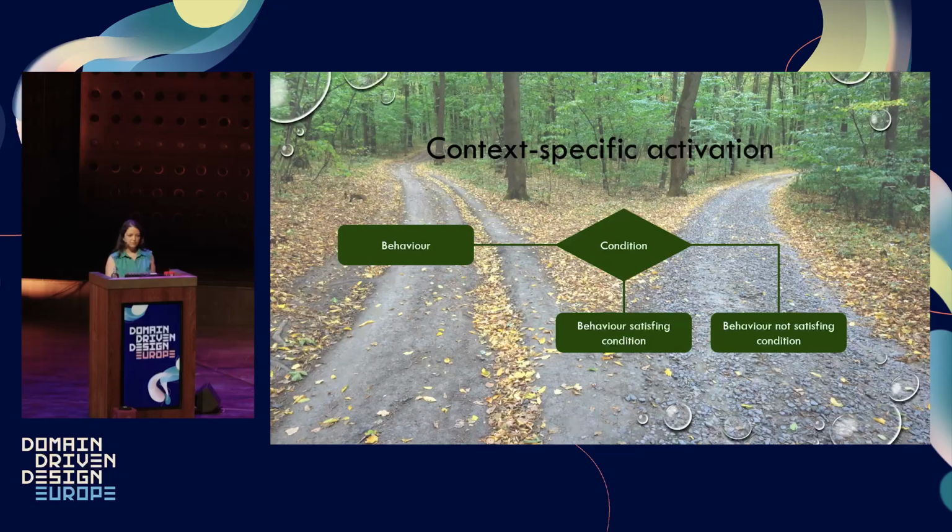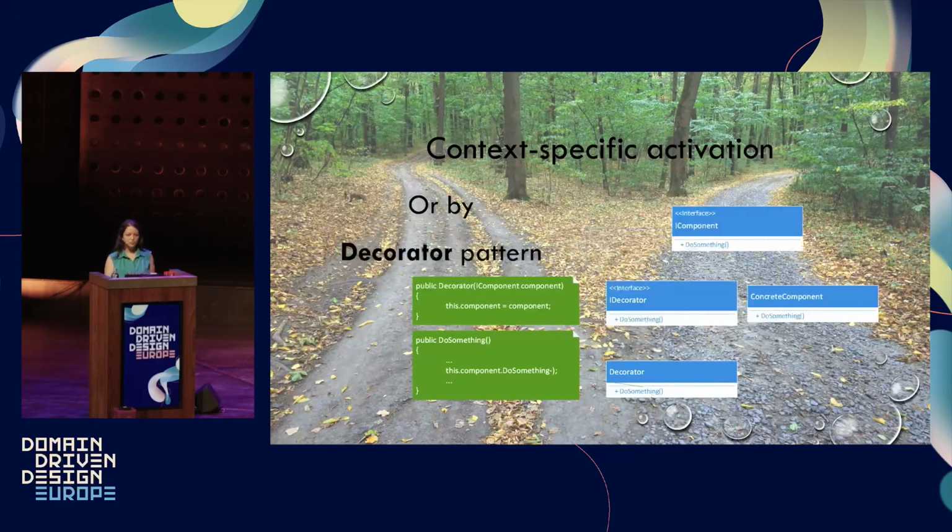Think of a pattern like a strategy instead of having a switch or a flag. And for some other cases, you can use perhaps the decorator pattern of the Gang of Four to dynamically add behavior to an object without changing its interface. OK?